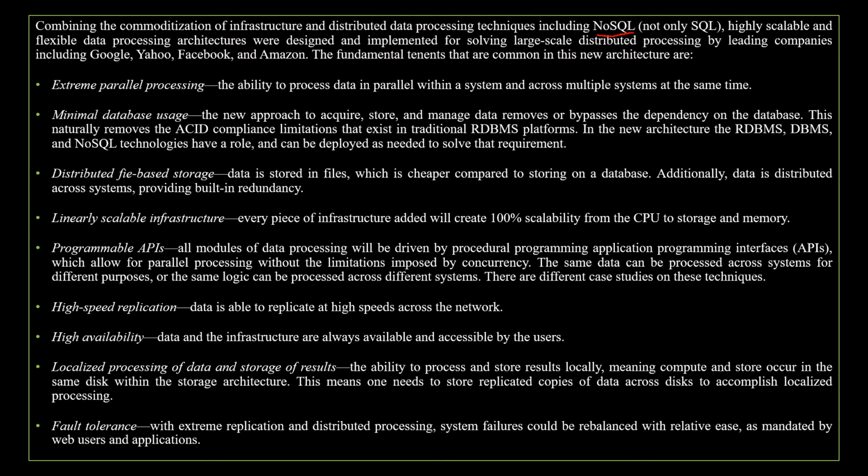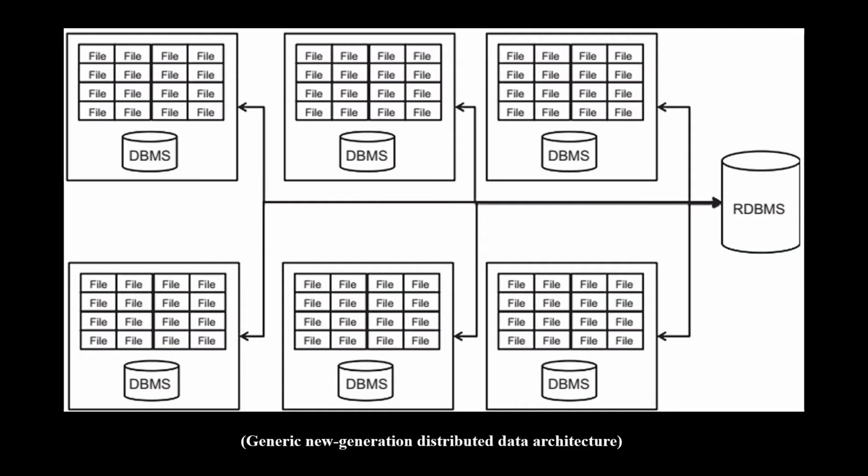With extreme replication and distributed processing, system failure can be rebalanced with relative ease. It's mandated by web users and applications. We want fault tolerance in our database, don't we? So these are all the criteria in this new generation architecture. Okay, this is how the new generation distributed data architecture looks, as in the figure.